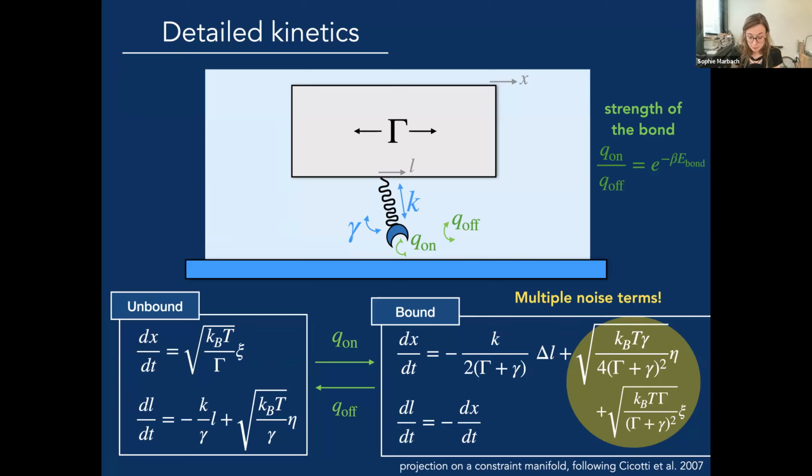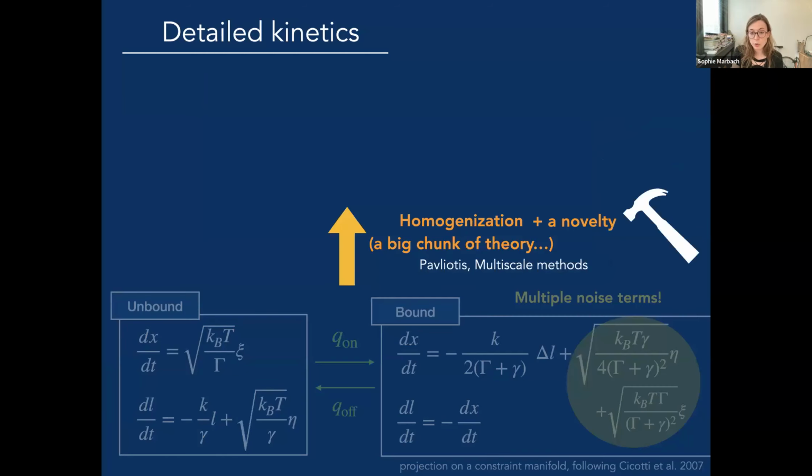To go one step beyond, we used a mathematical tool to get the macroscopic behavior of these equations. The tool we use is called homogenization, where we properly average over all these very fast binding, unbinding, and recoil effects of the spring to obtain the overall motion of our particle.